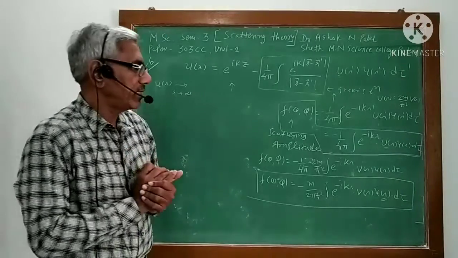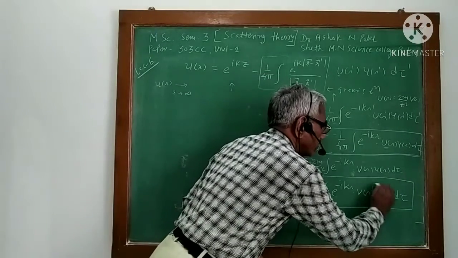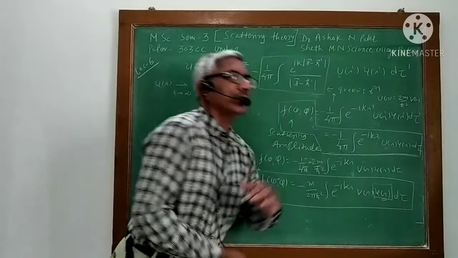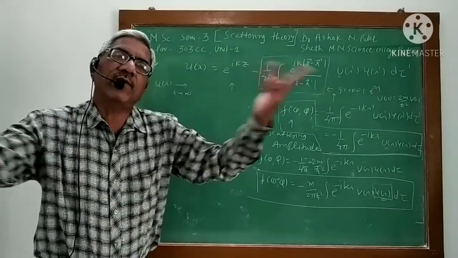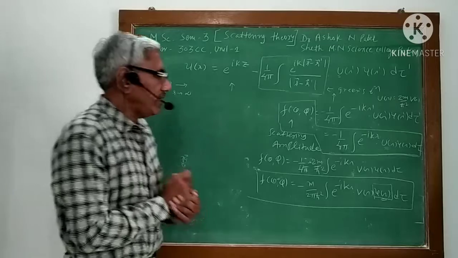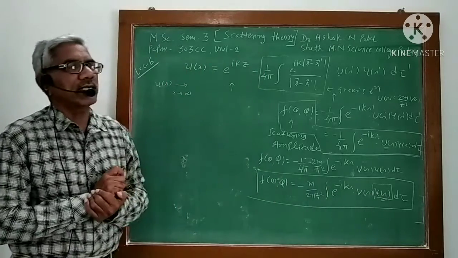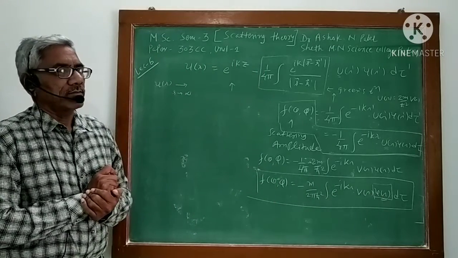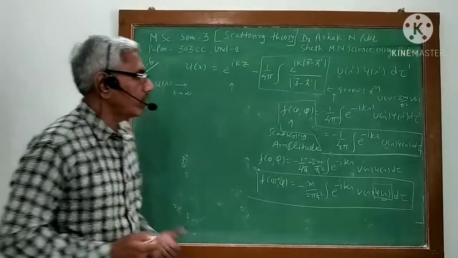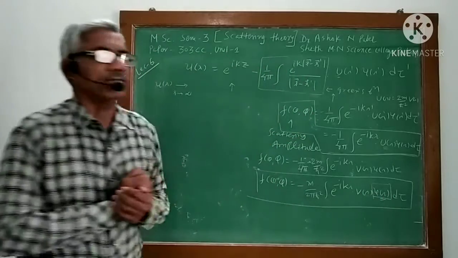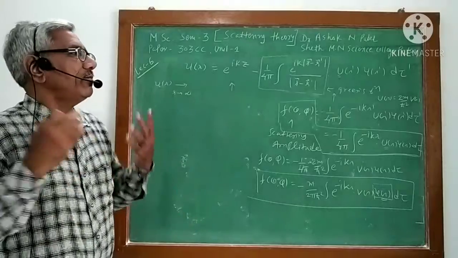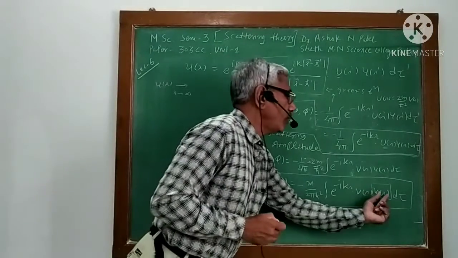But at this point of time we do not have the solution of this UR at different points. Then in that case you cannot find the scattering cross section. So first you have to find out what your UR is at different points. Now how to get the wave function UR at different points?